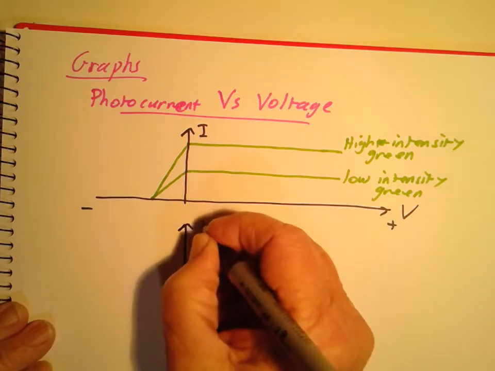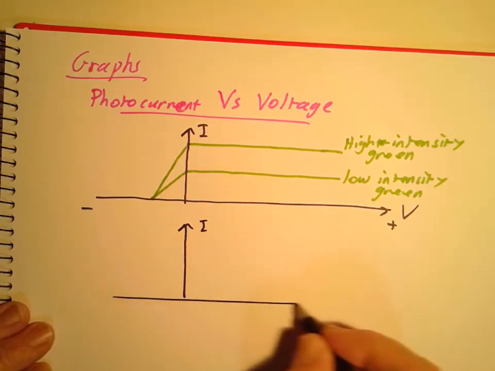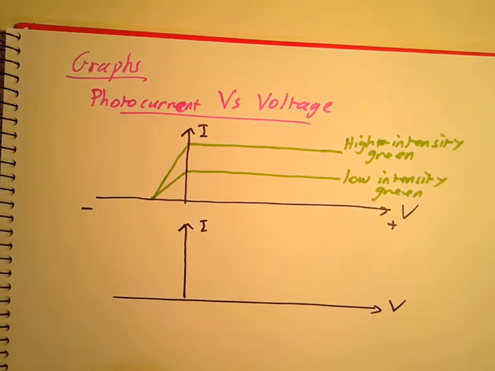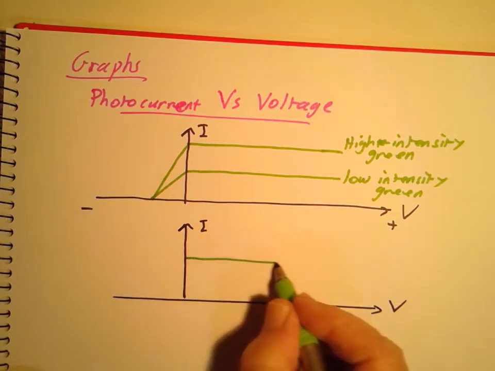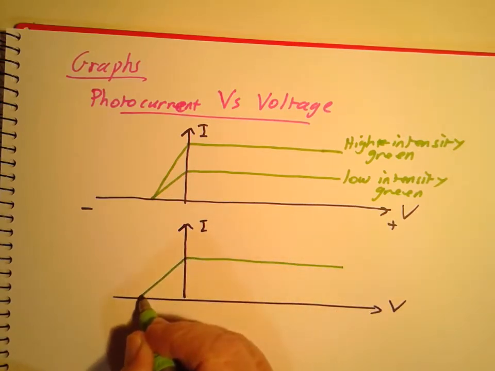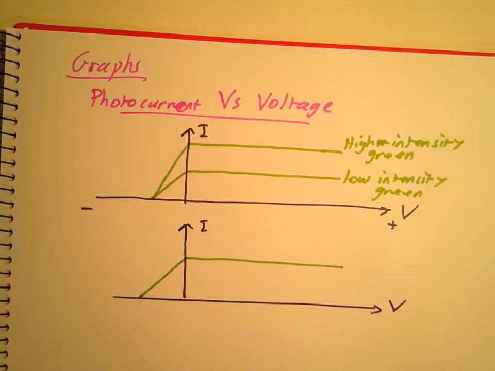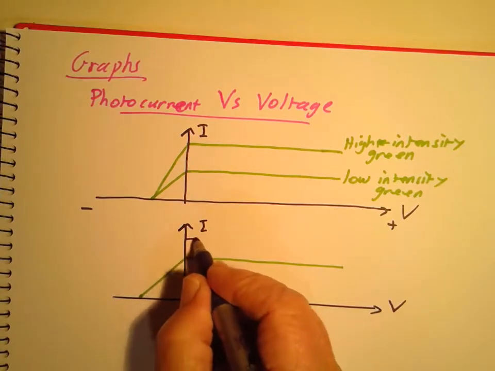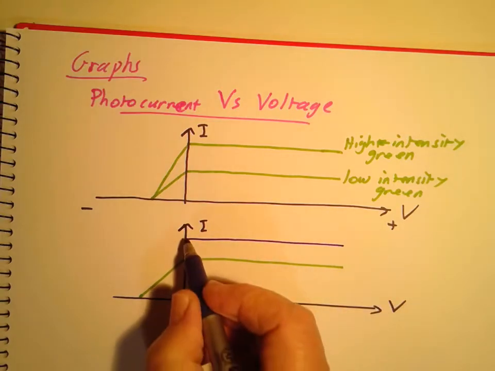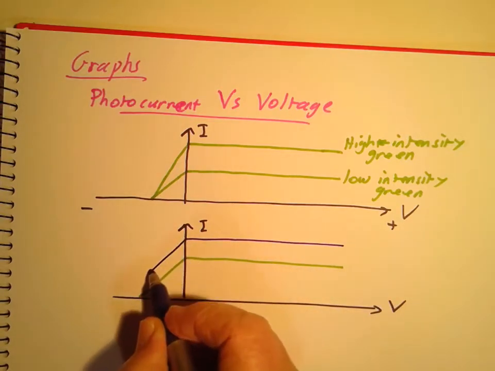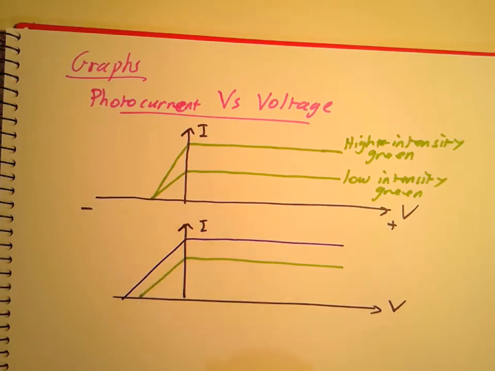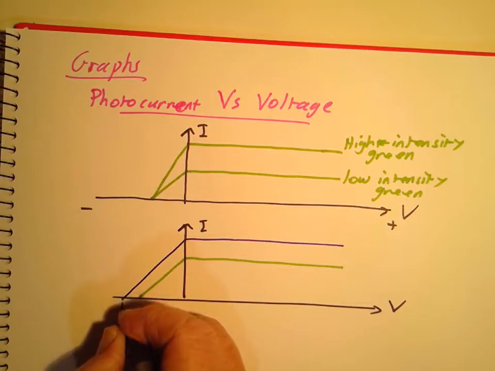Alternately, same graph again, and we do it with green light, and then we do it with any blue light. It doesn't really matter whether it's a light blue or a dark blue. The blue is going to hit further along because blue has a higher frequency, higher energy.